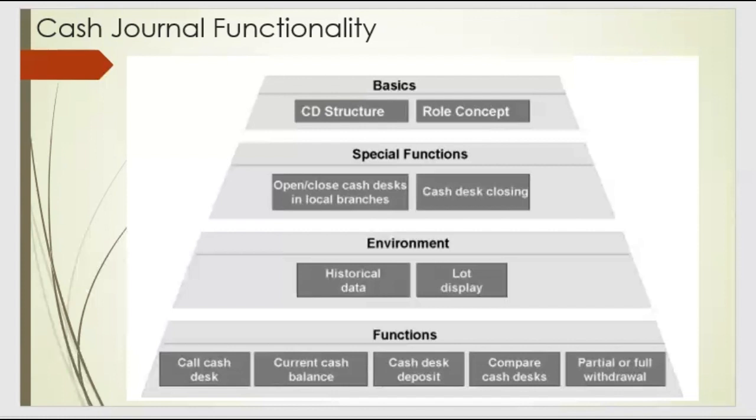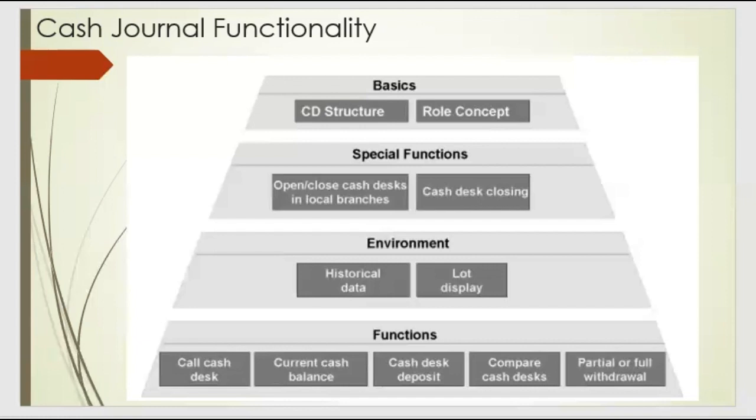The data needs to be saved into a particular structure. So that is the basics: the structure, the role of the person at the cash desk who is collecting the money. Once that is allocated, they are provided some special functions, like opening and closing the cash desk, and opening and closing the branch of the cash desk, because under a single branch there may be multiple cash desks, responsible for a single person or multiple authorized persons.